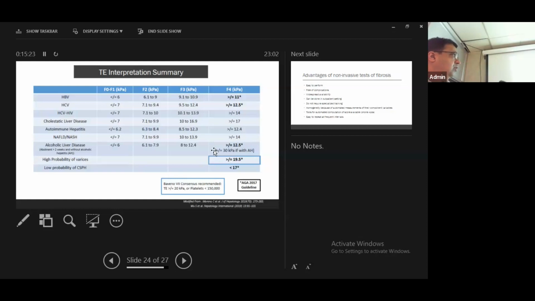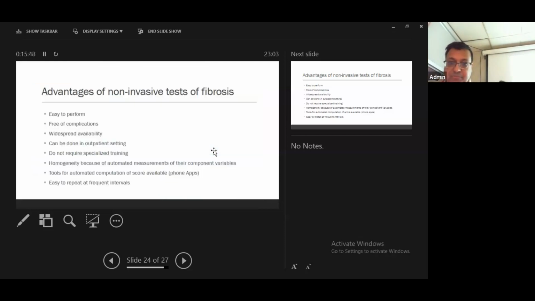But in cholestatic liver disease, the fibrosis score value should be more than 17. If the patient has a fibrosis value more than 19.5, there is a high probability of varices. And if the value is less than 17, then there is a low probability of clinically significant portal hypertension.